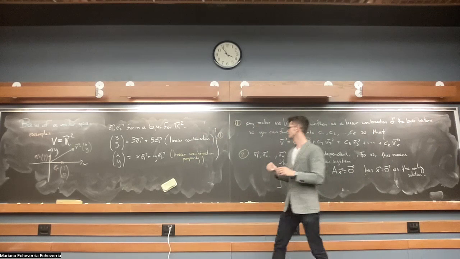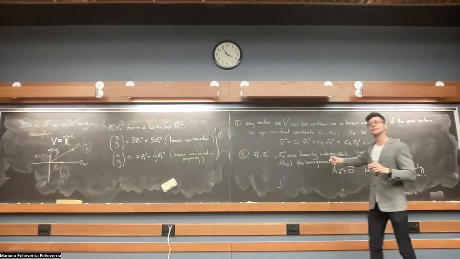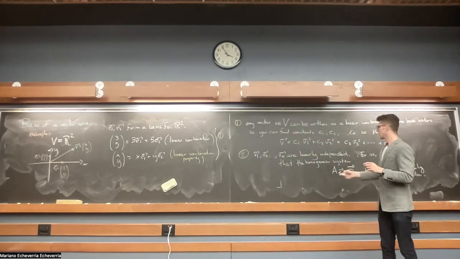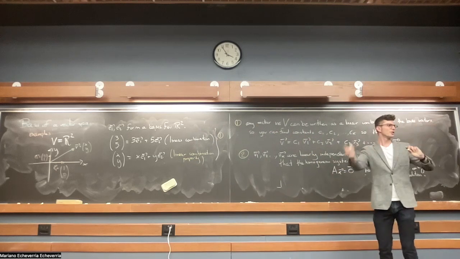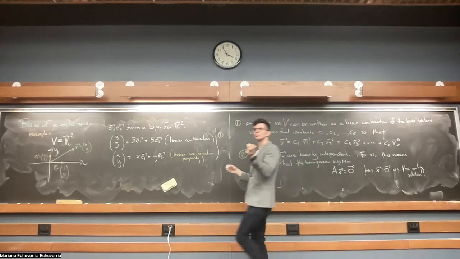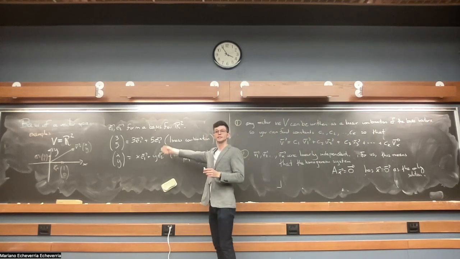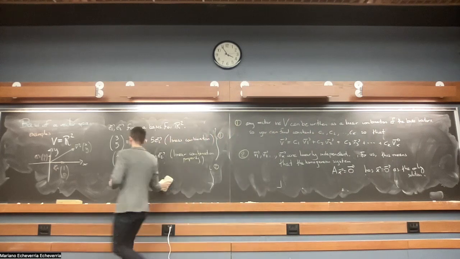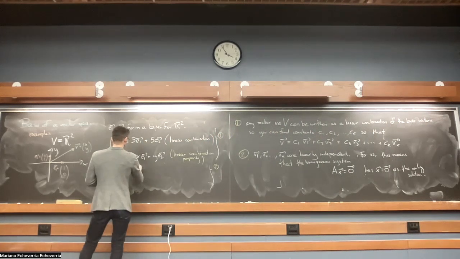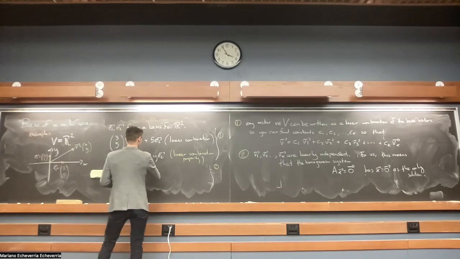Property 2 is to check that they are linearly independent. Again, the way in which you have to think about linear independence in this course, there are other ways to think about it, but I'm giving you the most concrete way for your purposes, is that you make a matrix whose columns are these vectors. So you make a matrix A, which is E1, E2.